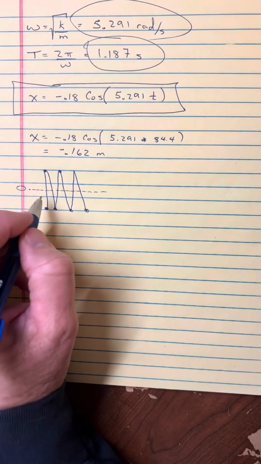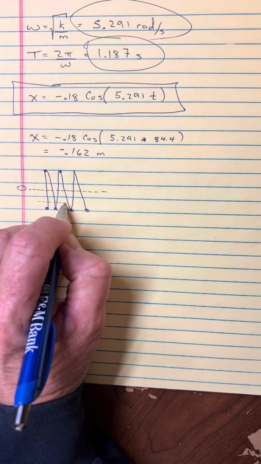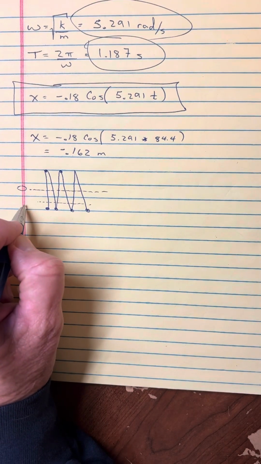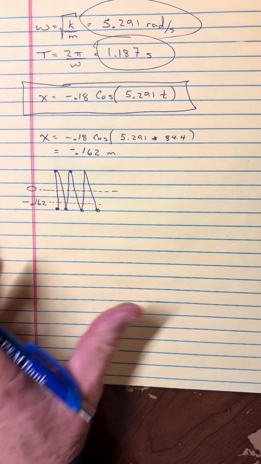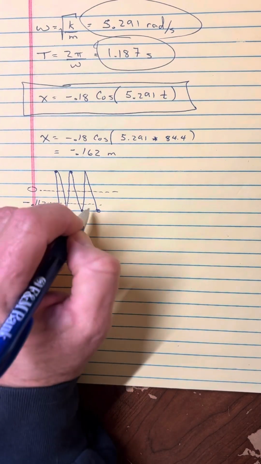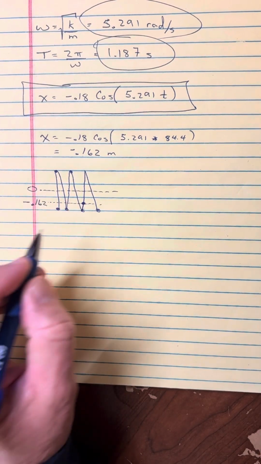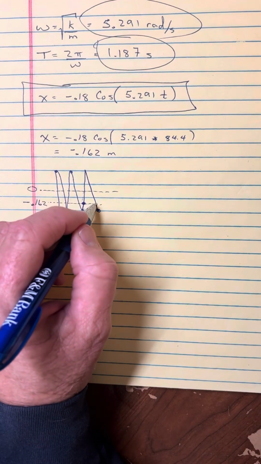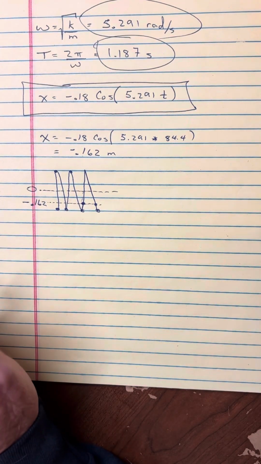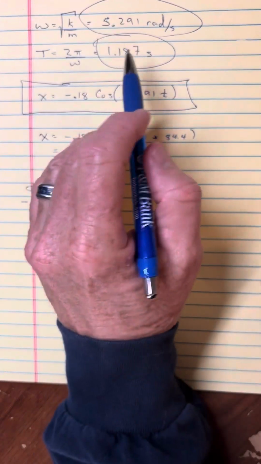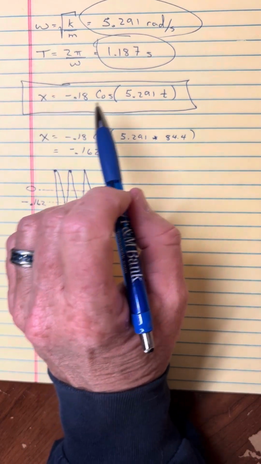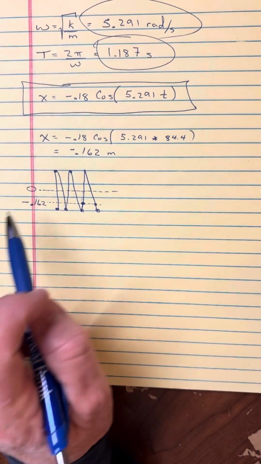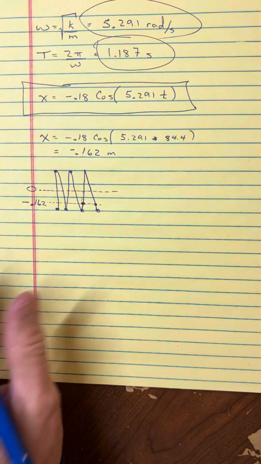It finishes somewhere around here, at negative 0.162. And it could have been there on its way up, like right here, or on its way down. And that's where I think the period can be useful, just to get an understanding of this.